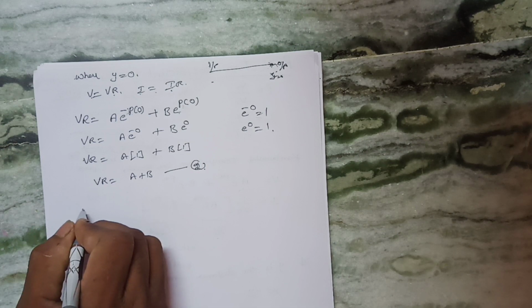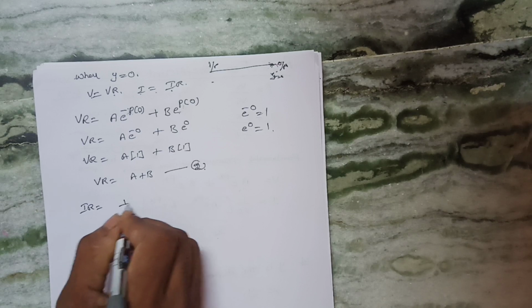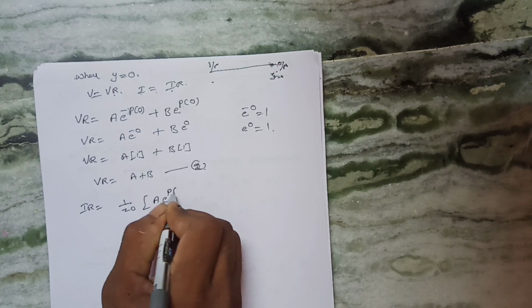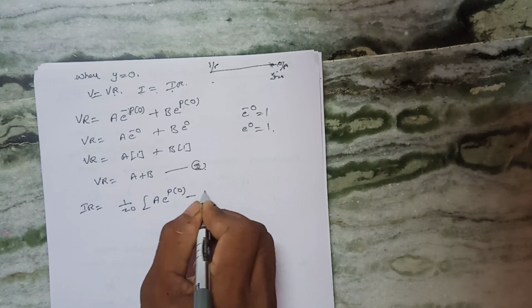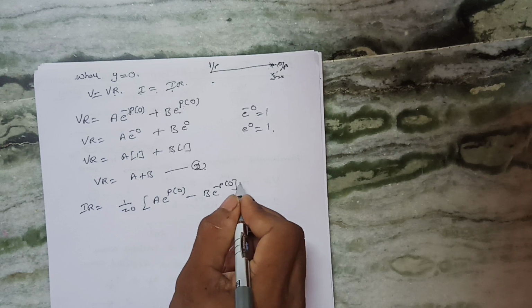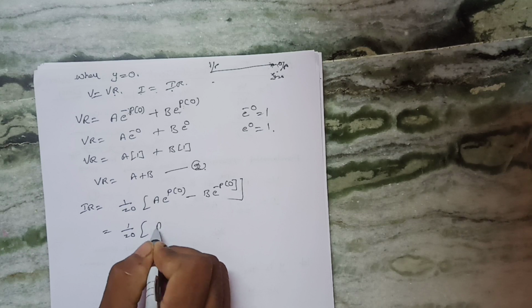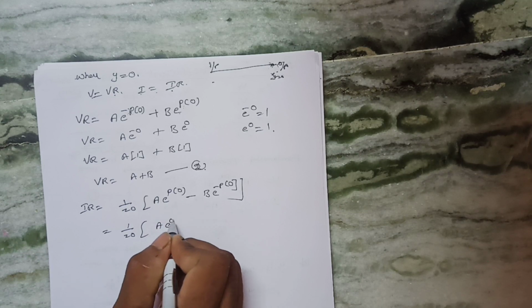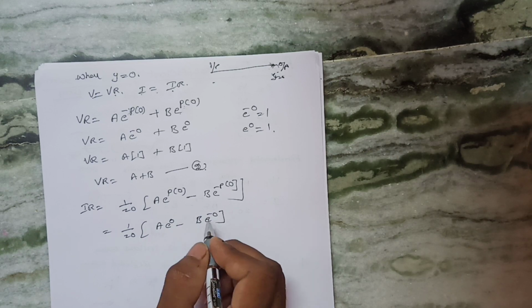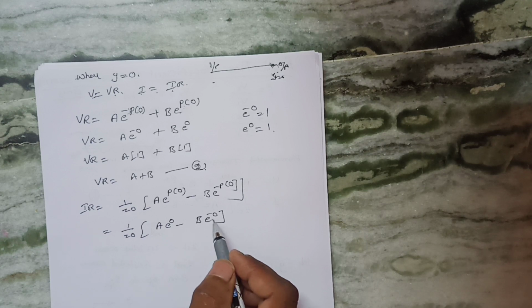Similarly, I_R is equal to 1 by Z naught, A into exponential P of 0 minus B into exponential minus P of 0. So then 1 by Z naught, exponential 0 minus exponential minus 0. So here exponential 0 equal to 1, exponential minus 0 equal to 1.